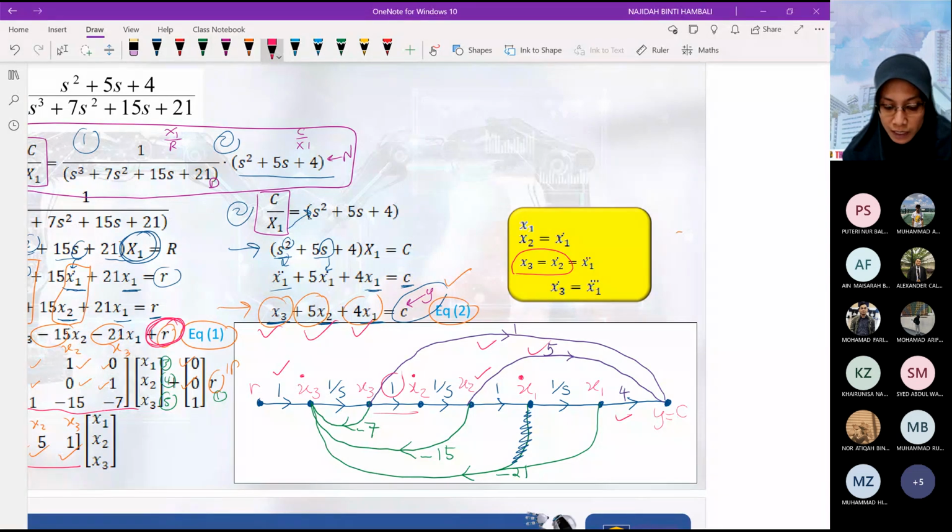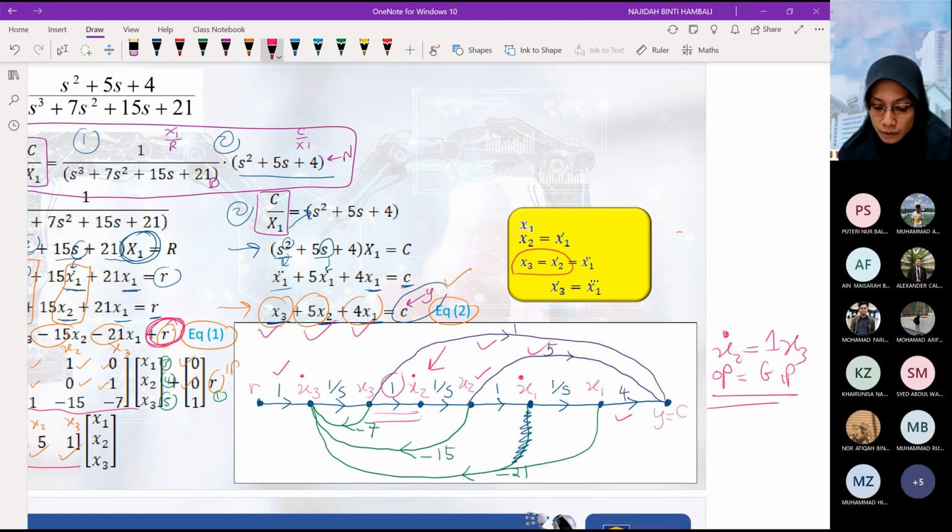Ni cara baca dia ialah x2 dot sama dengan 1x3. In this case, x2 dot ialah output, 1 ialah gain, x3 ialah input. Okay, this is how we write the equation.